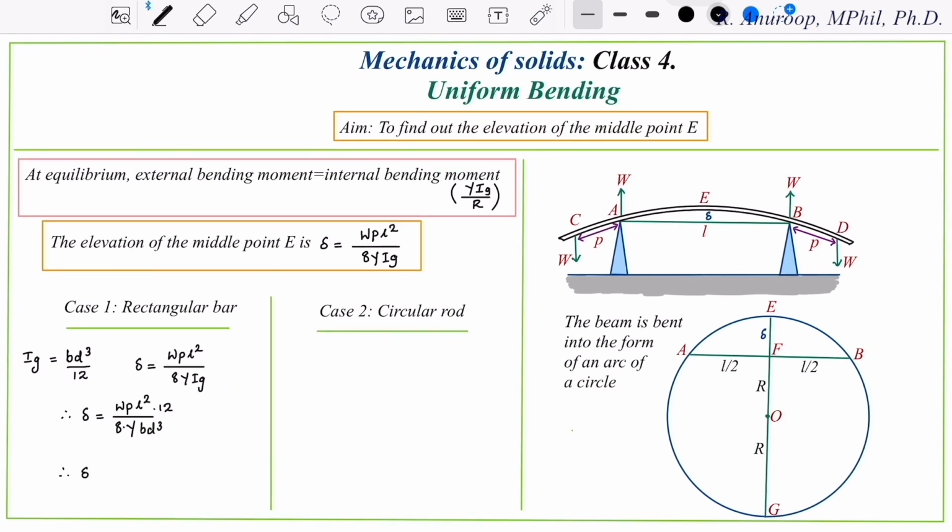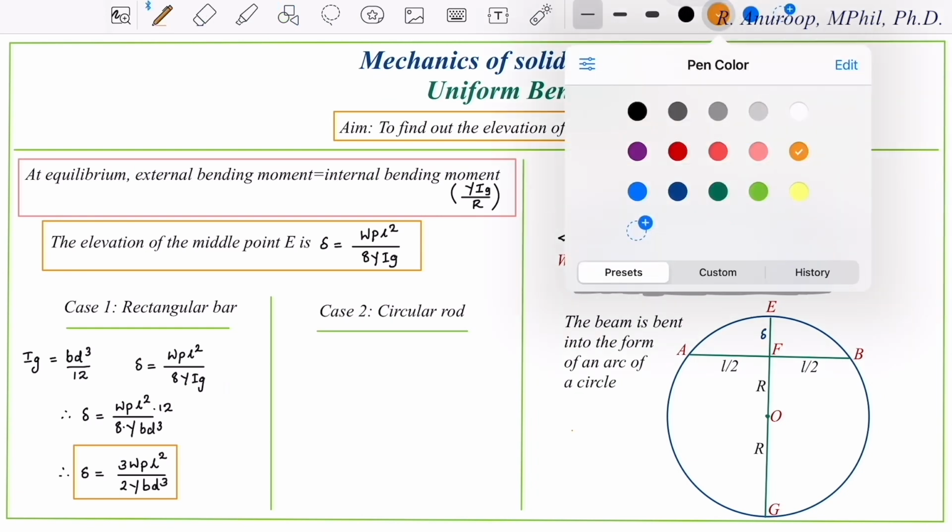Therefore, the elevation of the middle point delta is equal to 3 W P L square divided by 2 Y B D cube. This is the elevation of the middle point when a rectangular bar undergoes uniform bending.